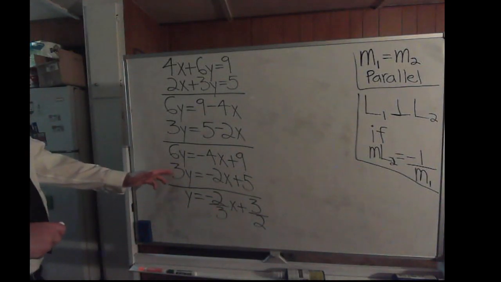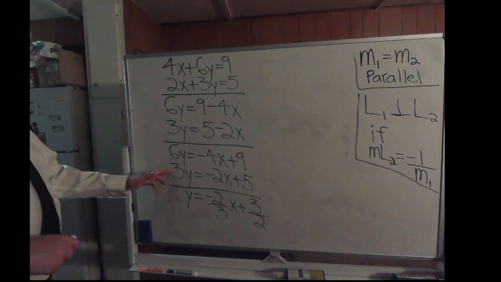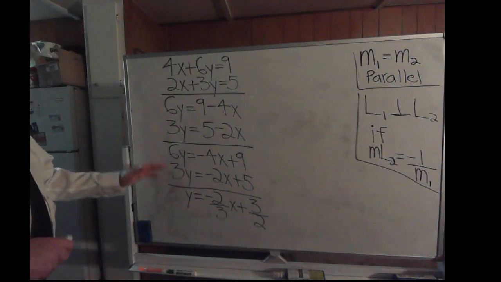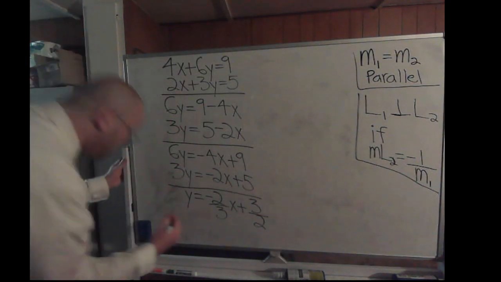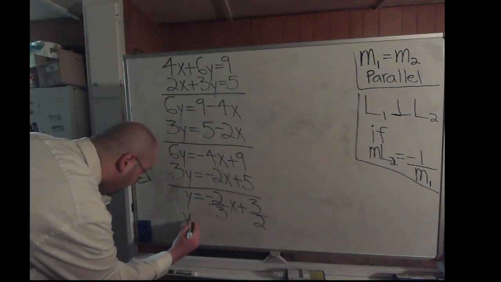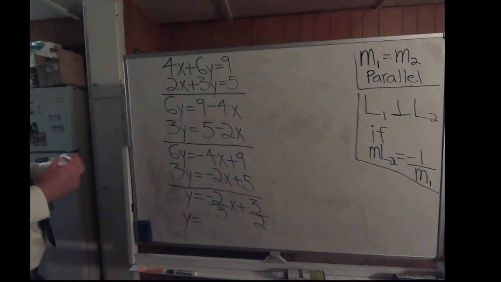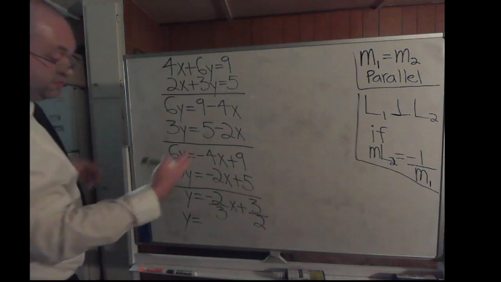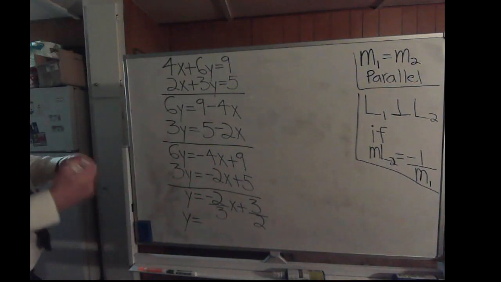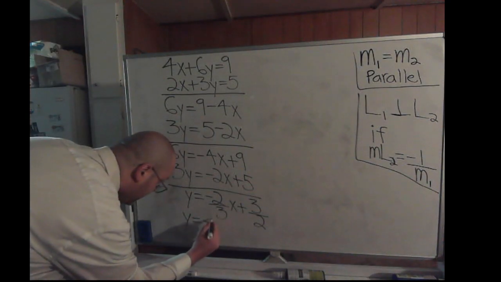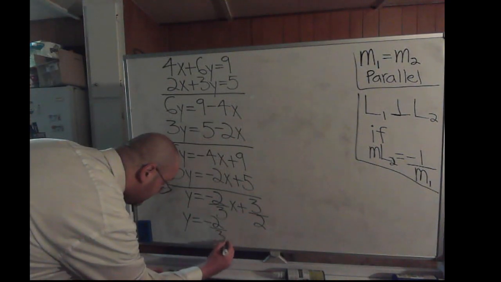Now for the second equation, we have 3y on the left. We want to just get y. So you got to divide by 3. And if you do that, you get y equals, now you got to do it to the right. Negative 2x divided by 3. Well, that'll give you negative 2/3 x.